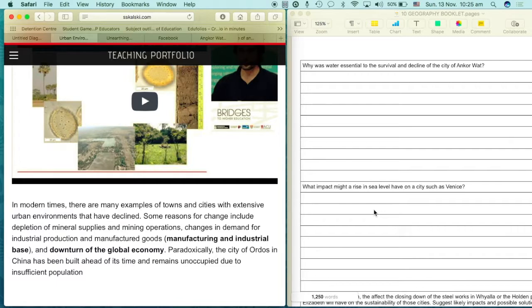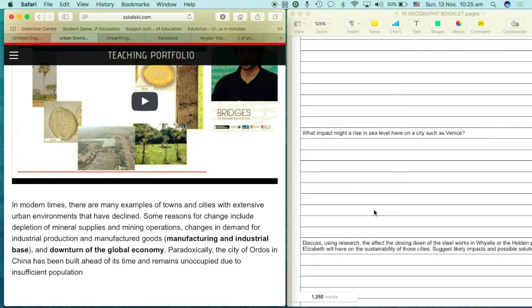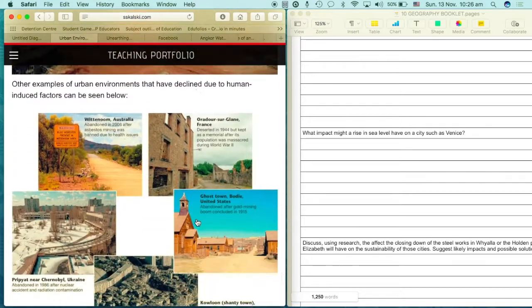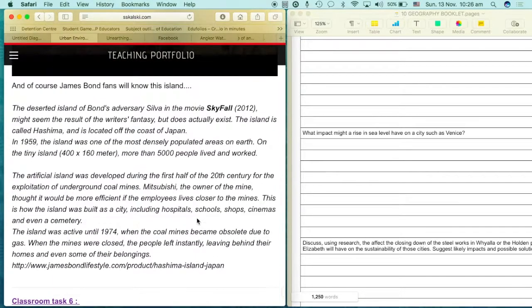What impact might a rise in sea level have on a city such as Venice? Now, last week you talked about the impact of a sea level rise in New York. Venice is slightly different. There has been no information on my website about Venice, so this is something that you're going to have to go and look up.